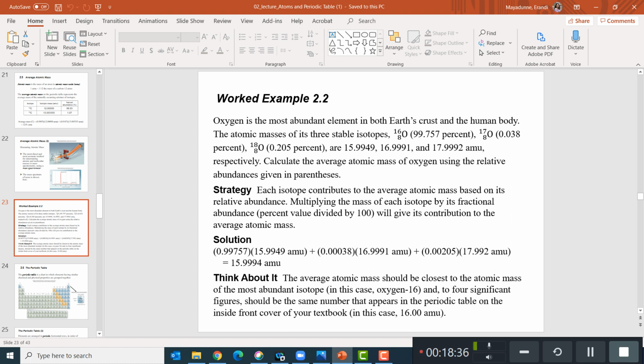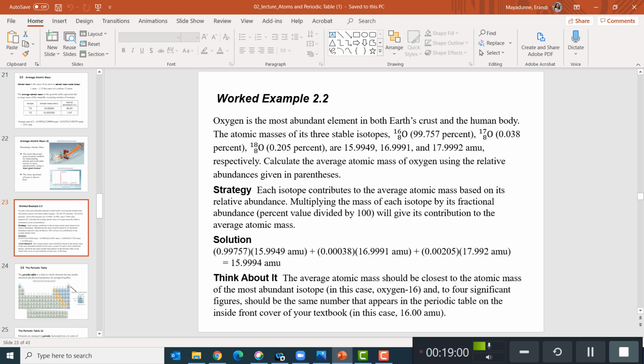The very first thing you need to know: whenever you see a question, you have to simplify it. Don't just get scared by looking at the question. To simplify, first I'm looking at how many isotopes are in this question. You have three isotopes. Each isotope has its own mass and its own percentage.